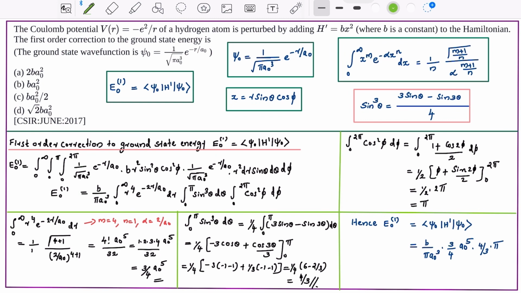The answer is B a0 square. Therefore, option B is the correct answer.